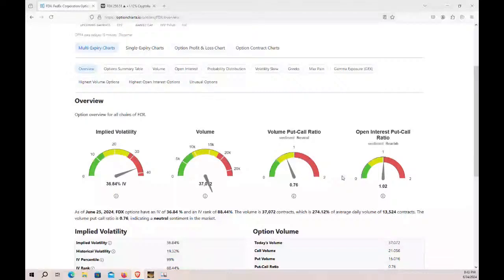In option statistics, they have 3 numbers that I'm looking at: the put call ratio on overview, on volume, and on open interest. The volume is the same over here, 0.76, and the open interest on Webull is 0.96, kind of maintaining what I had before, 0.95.